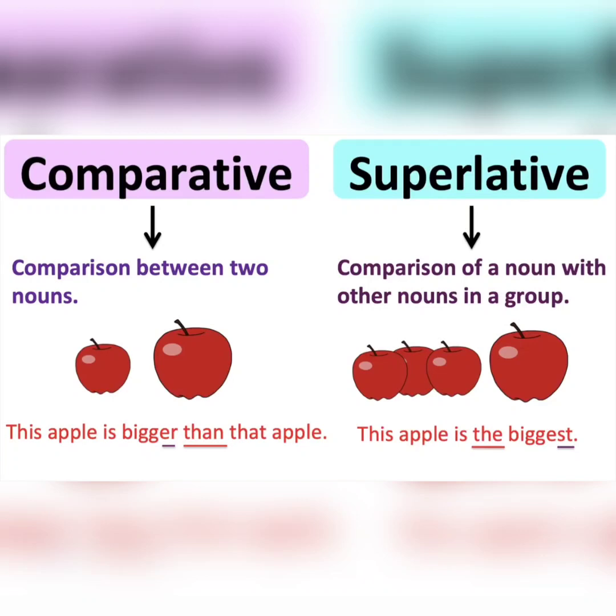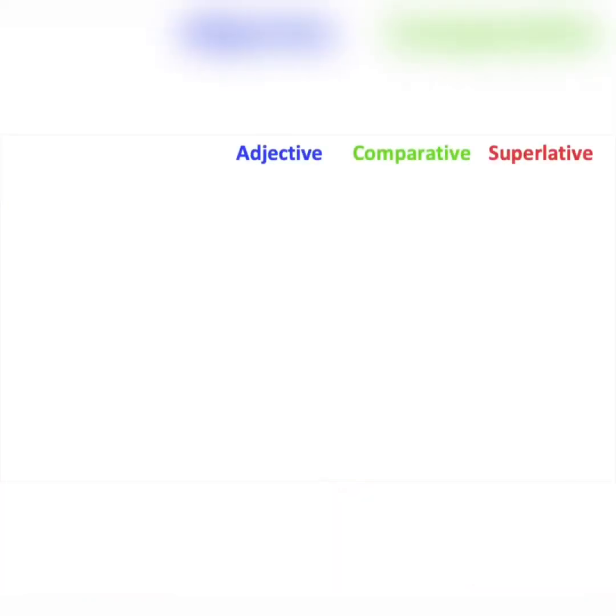There are several rules that we need to follow when forming comparative or superlative adjectives. These depend on the letters in the word or the number of syllables. For one-syllable adjectives, the rule is to add er when forming the comparative adjective and est when forming the superlative adjective.